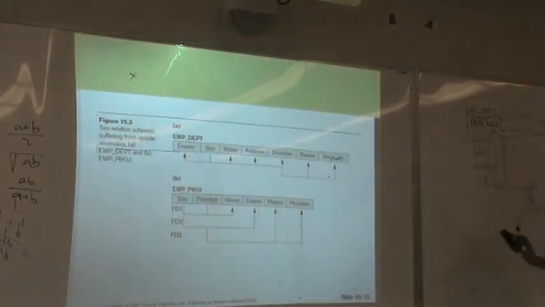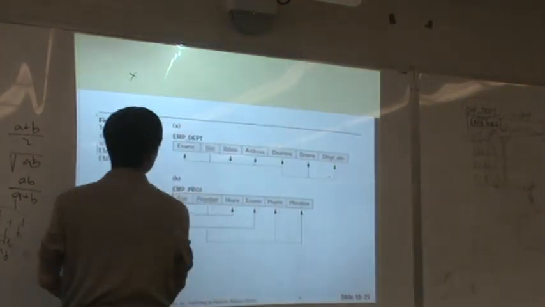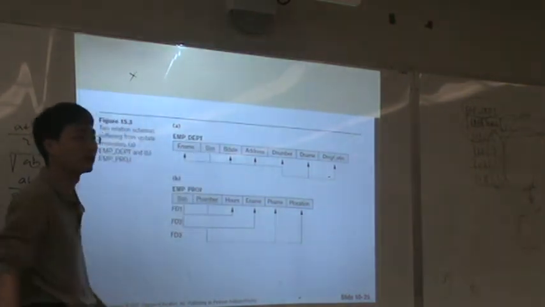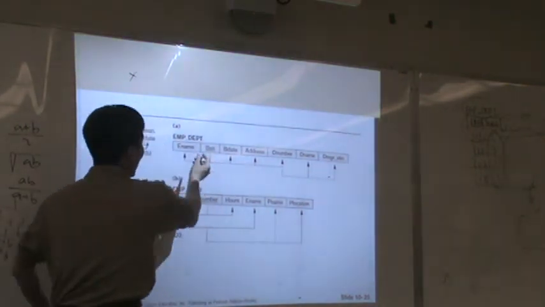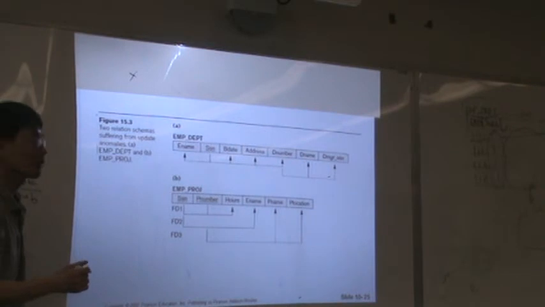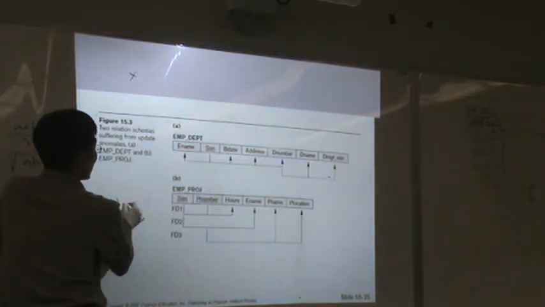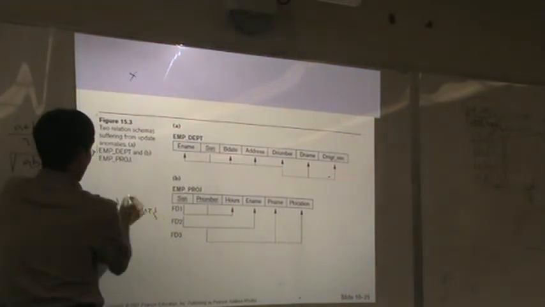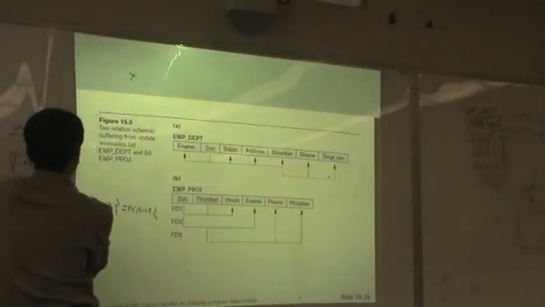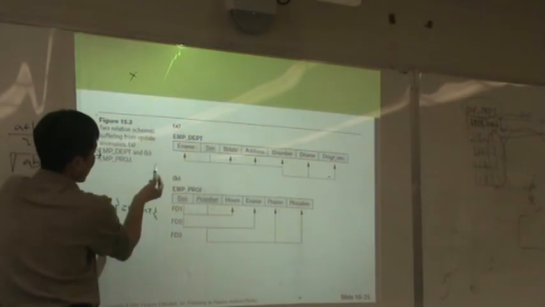In this case, we have employee and department in one table. Can you find any functional dependency? Yes. Social security number determines e-name. This is one functional dependency. And any other?